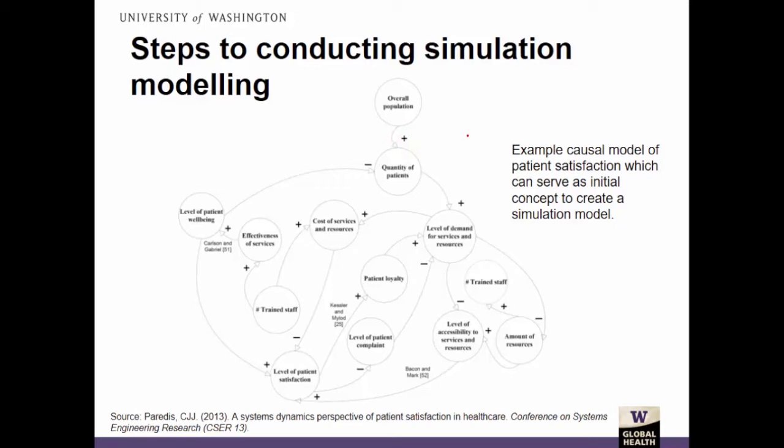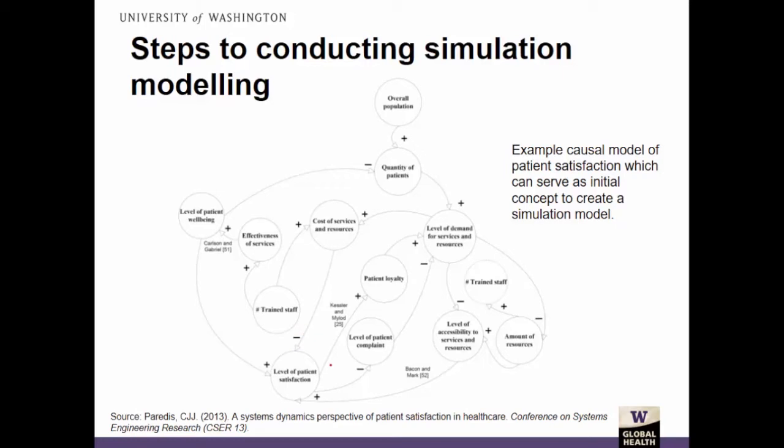The cost of services is negatively associated with patient satisfaction. So as costs go up, patient satisfaction goes down, as you might expect. So this here is the cost of services, and here's the negative association with level of patient satisfaction.